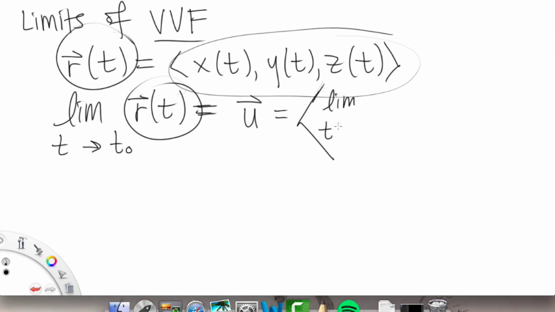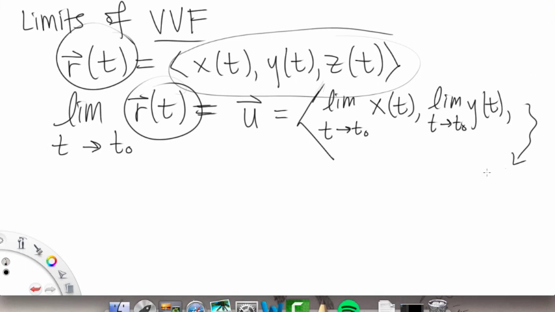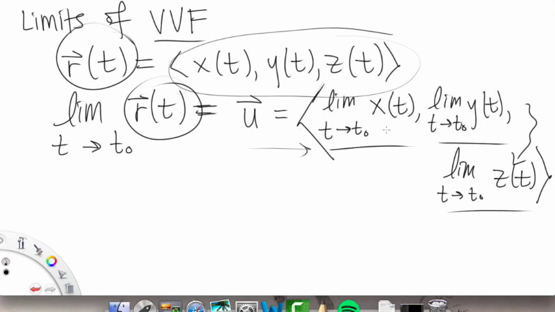Component-wise, this looks like the limit as t goes to t naught of x of t, the limit as t goes to t naught of y of t, and the limit as t goes to t naught of z of t. Sorry that didn't fit in there, but I wanted to continue the flow. These individually are numbers: the limit of x of t is a number, the limit of y of t is a number, and the limit of z of t is a number.